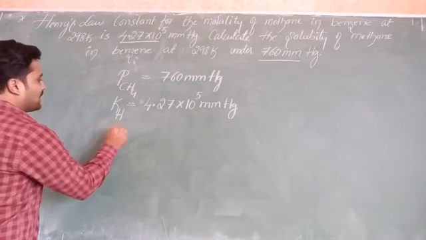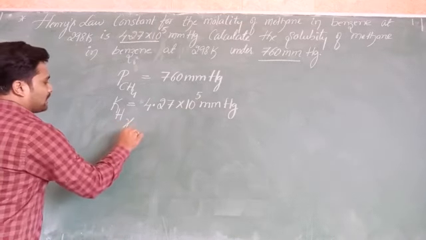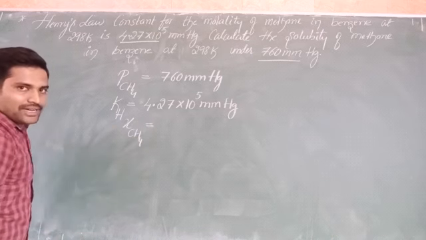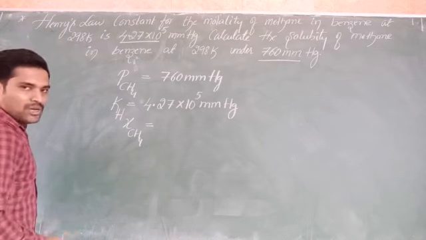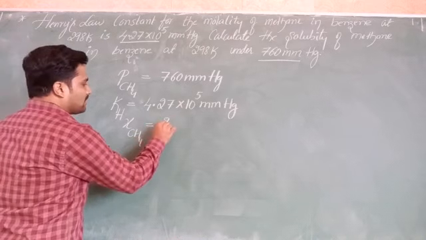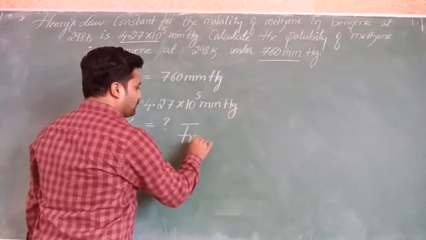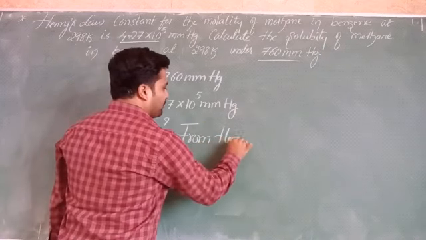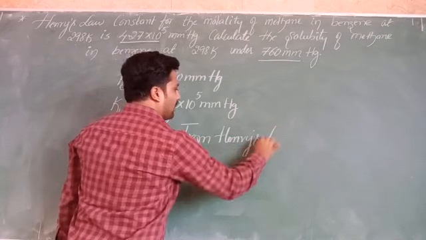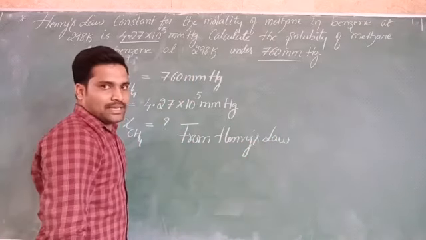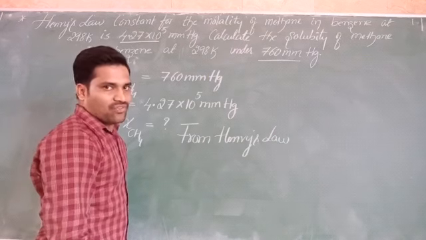Now next we need to calculate the solubility of the gas. Here it is the mole fraction of methane, that is the question mark. From Henry's law, you know the formula: P is directly proportional to mole fraction.